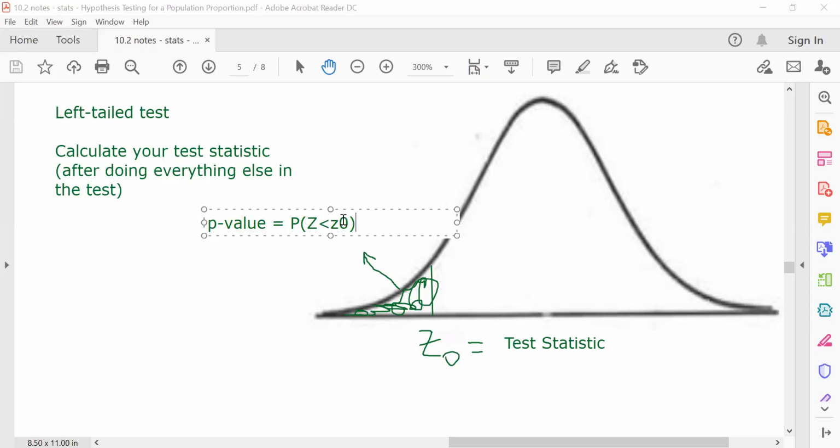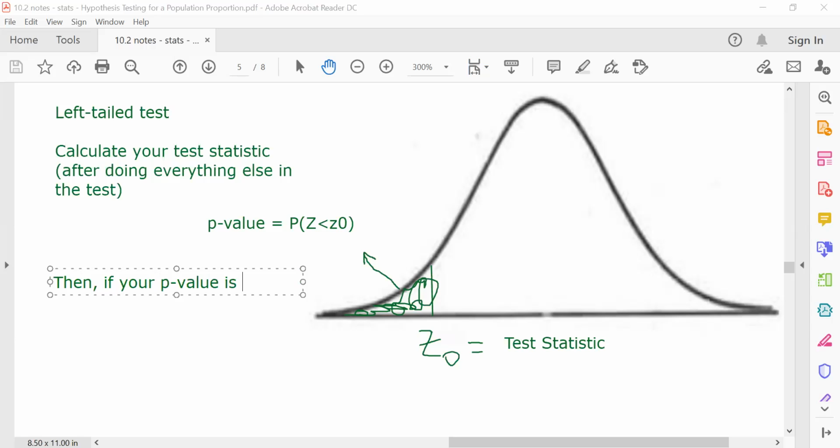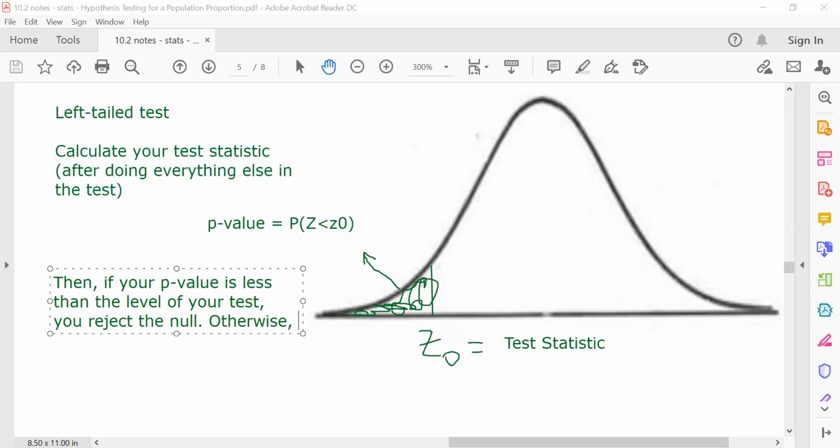That's how you calculate your p-value. Then, if your p-value is less than the level of your test, you reject the null. Otherwise, you don't reject.